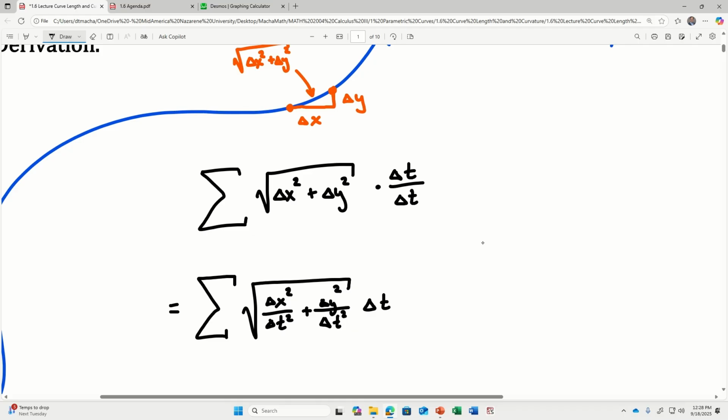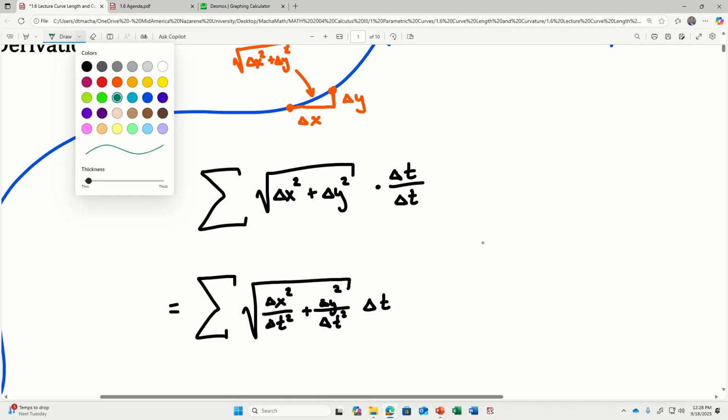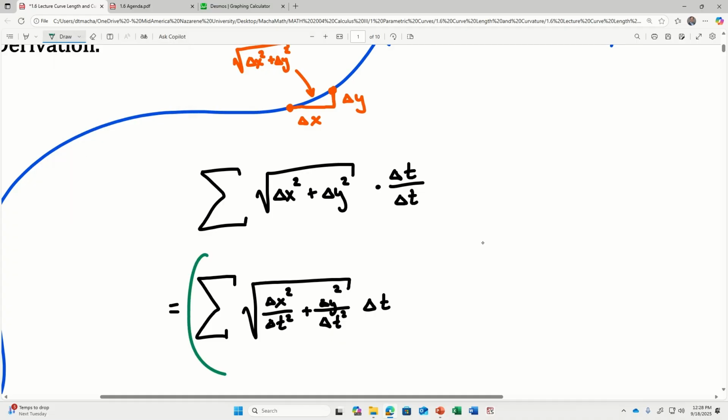And then the last step to get our formula is to take the limit of all of this. Let's take the limit as the size of these little segments goes to 0. And since t is our parameter, I can set the small change in t to approach 0.